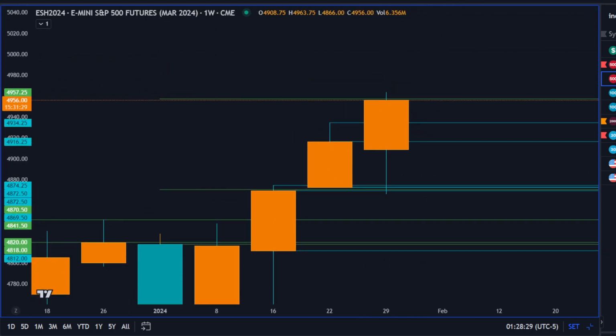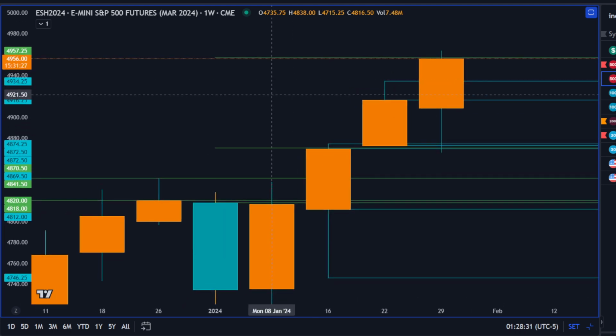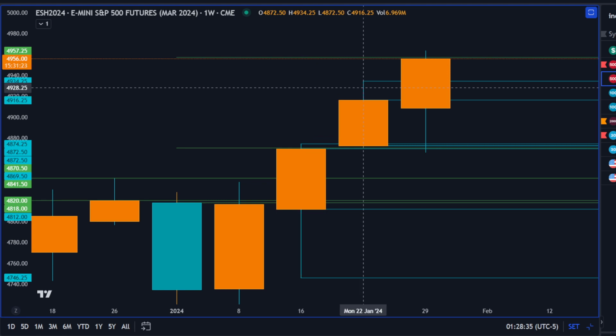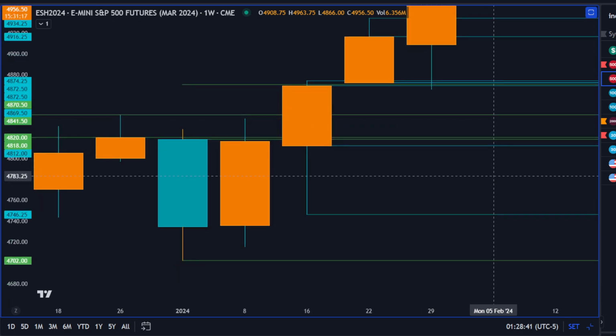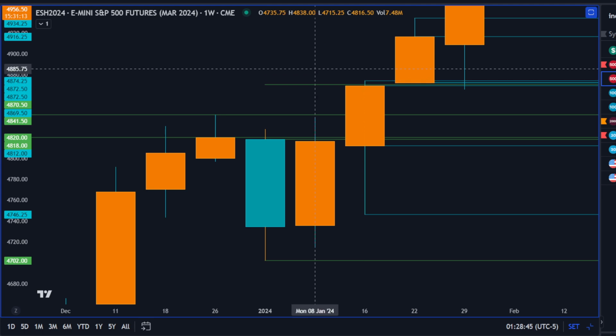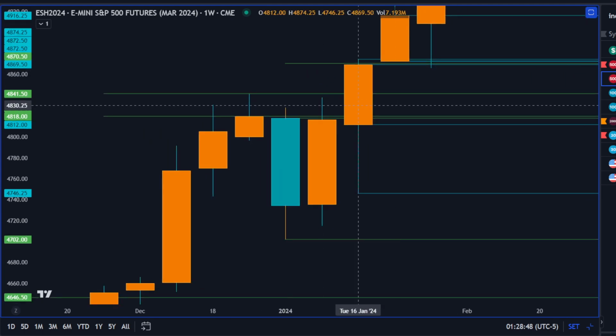And the reason that you want to mark out multiple weekly candles, multiple daily candles, multiple candles like that, is because sometimes you're actually going to get a reversal, and you're going to come down into this range down here, and you don't want it to feel like limbo. You don't want it to look like limbo because you have data back here, right? And it's valid data.